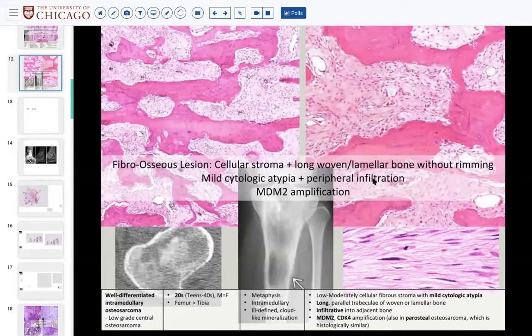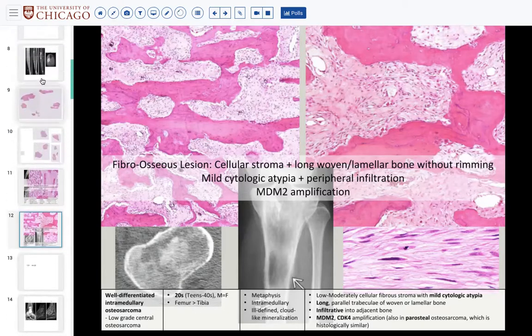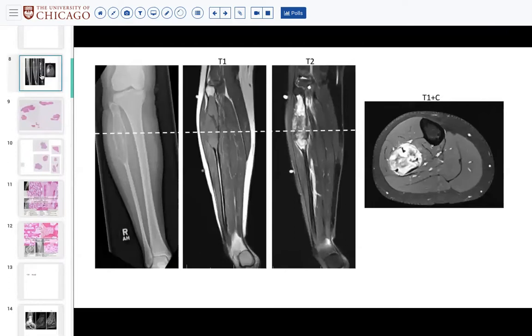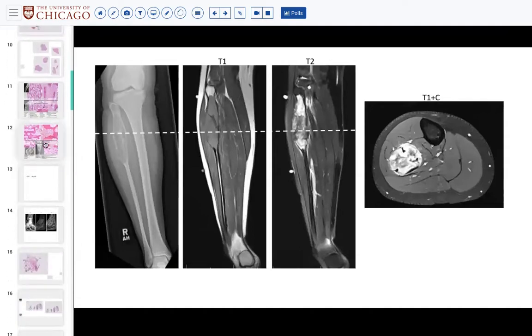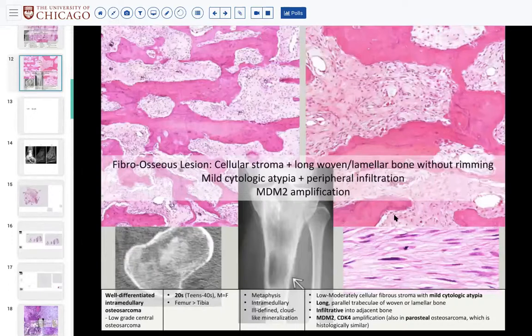The bone in these cases can be either woven or lamellar in very long, parallel trabeculae. However, you should see some atypia. Even if it's a cell here and there that's enlarged and hyperchromatic, even if it's a mitotic figure here and there, look closely in the background for those features, because that might point you in the direction of low-grade osteosarcoma, in addition to the radiographic findings. So don't ever lose sight of that. No breaking through the cortex, no aggressive features in this case would be compatible with a more benign lesion.